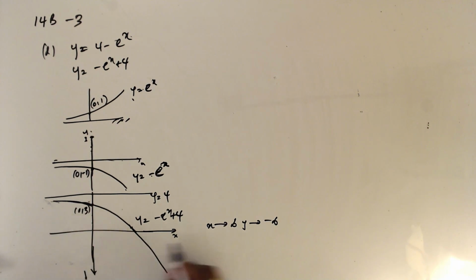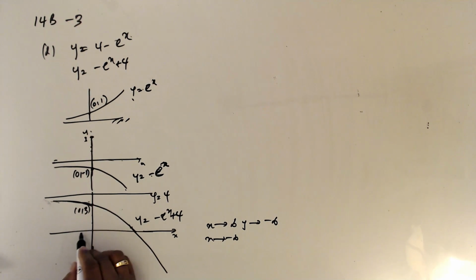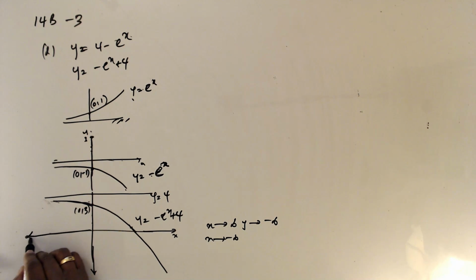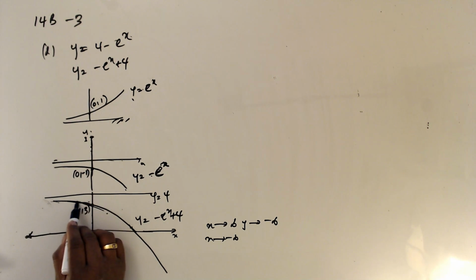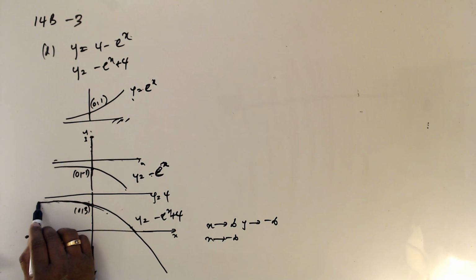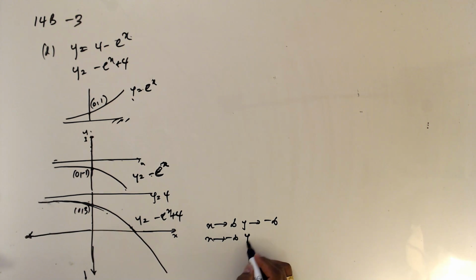When x goes to negative infinity, in this direction, what will happen to y? y is going towards 4.